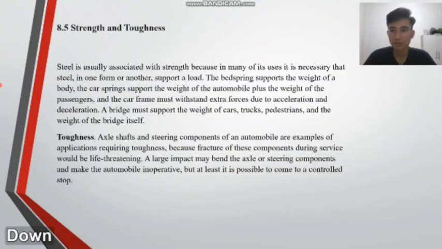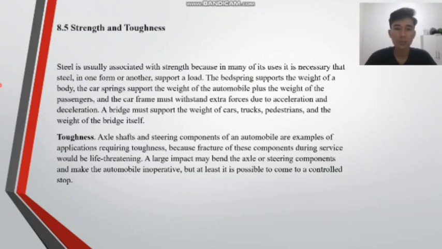Next, 8.5 Strength and toughness. Steel is usually associated with strength because in many of its uses it is necessary that steel, in one form or another, support a load.